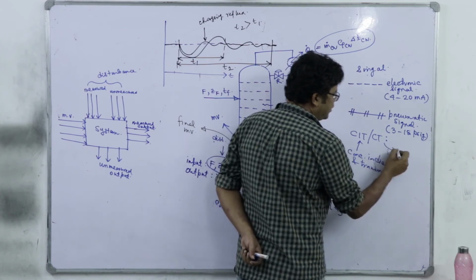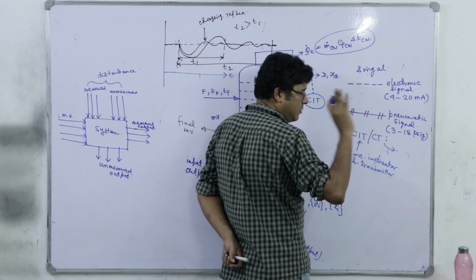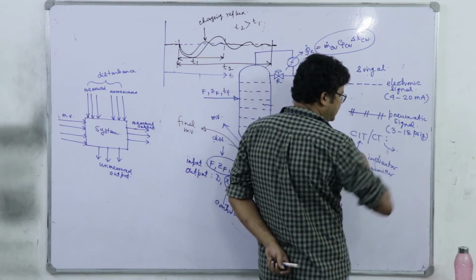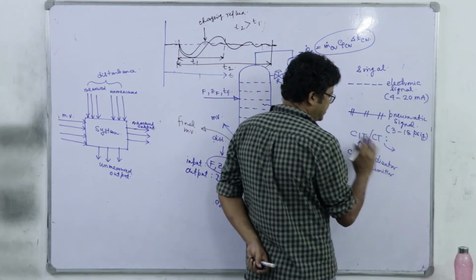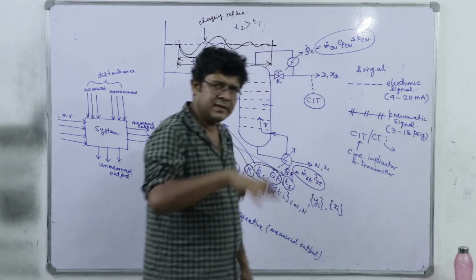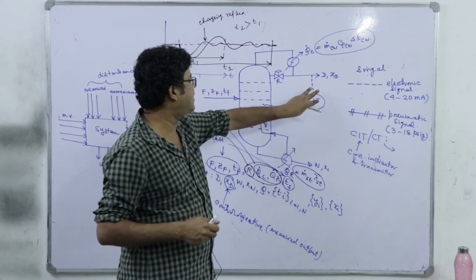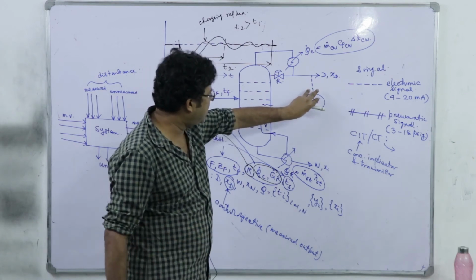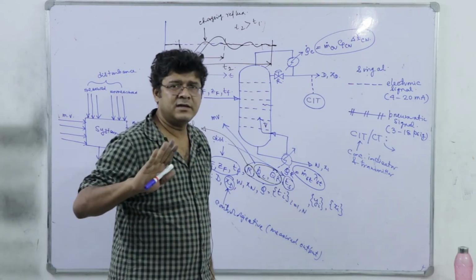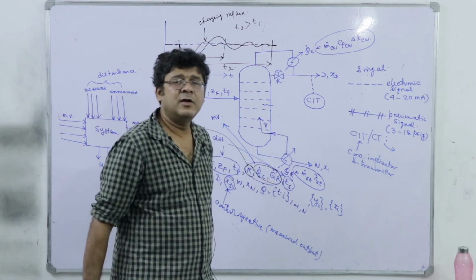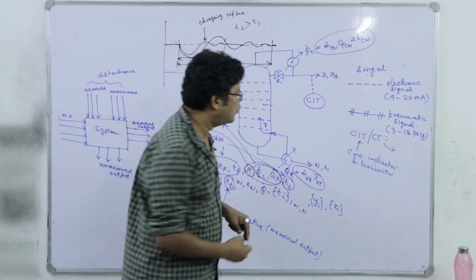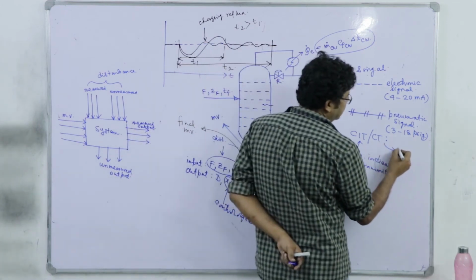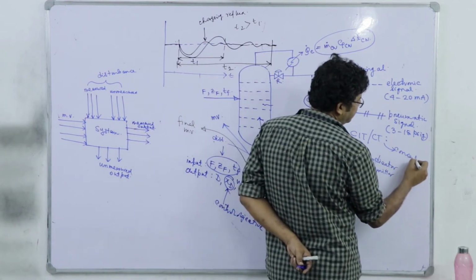Whereas CT will not indicate, there will be no LED display unit. It simply transmits the signal, and that is basically what we use, right. We do not indicate that in that specific location, we do not need the display. We need the signal to be transmitted to the control room, right. So, CT is concentration transmitter.